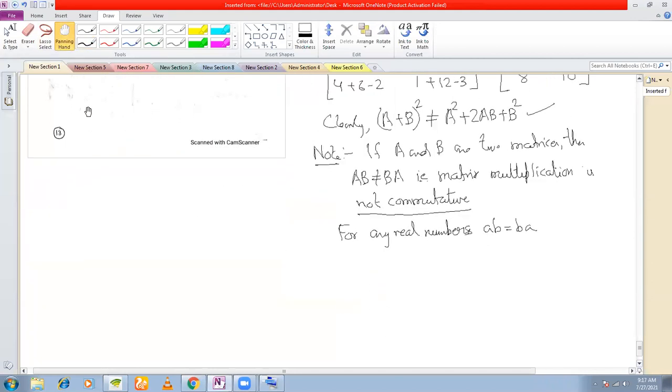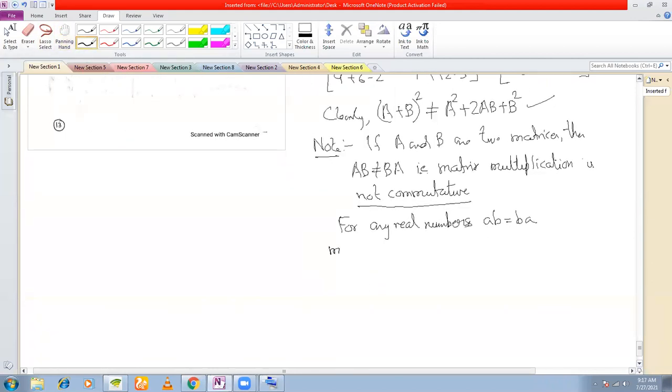That is, we say that multiplication of real numbers is commutative. But matrix multiplication is not commutative because AB is not equal to BA.